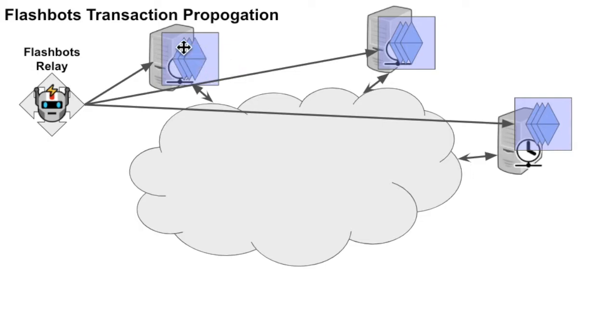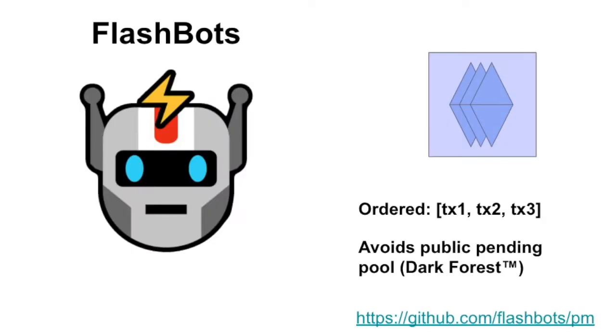It will include these in a future block when one of these miners wins the race. So Flashbots is a service that allows you to submit an ordered list of Ethereum transactions, and it avoids this public pending pool. And if you'd like to learn more, here's a link here under flashbots/pm on GitHub.